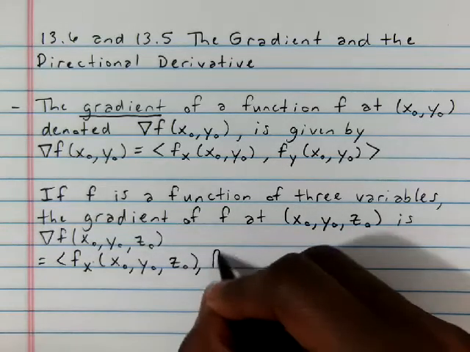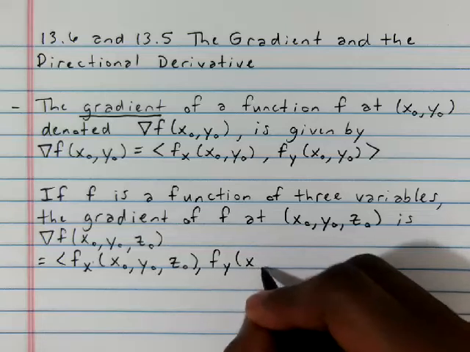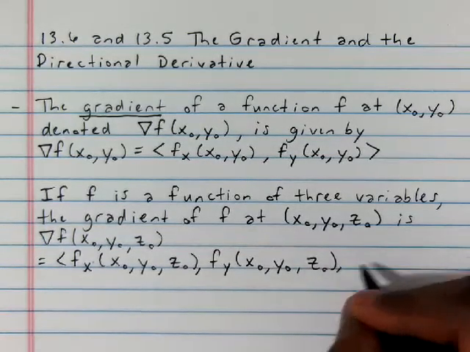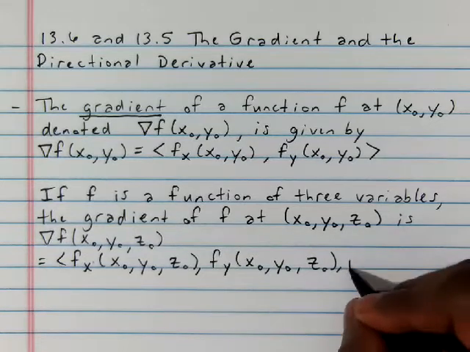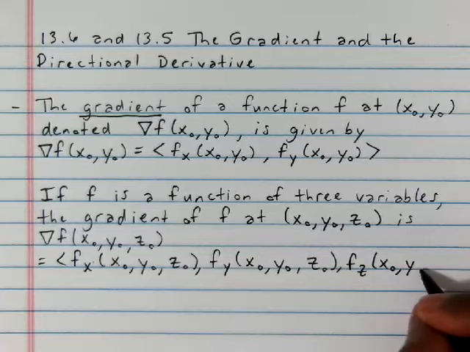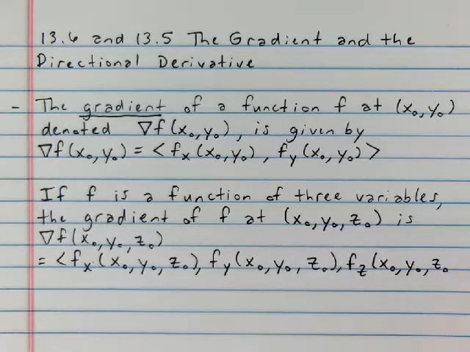Second component is the partial of f with respect to y evaluated at the point. And the third component is the partial of f with respect to z evaluated at the point x naught, y naught, z naught.